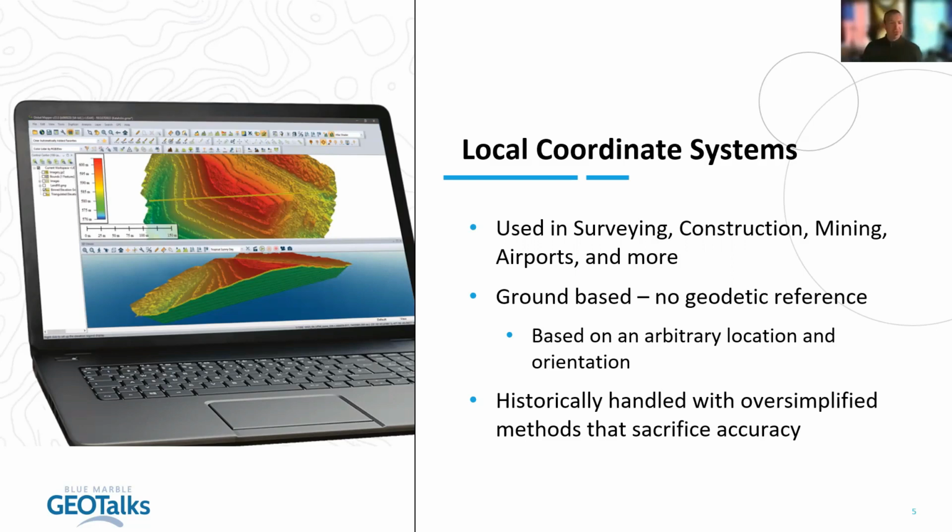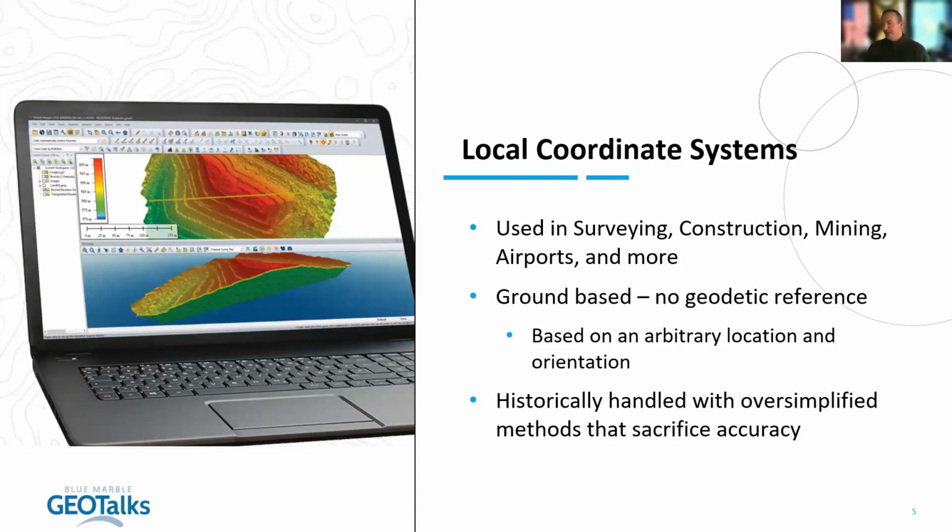There is an arbitrary location on the ground that is assigned 0, 0 for the coordinate positions, and then it is aligned very commonly to magnetic north or true north, or even just some other local axis. So the coordinates themselves are geodetically dumb. They do not have any relationship to the rest of the planet in the same way that we do when we're working with, say, a latitude-longitude coordinate system, or a projected coordinate system, or an Earth-centered Cartesian coordinate system, for example.